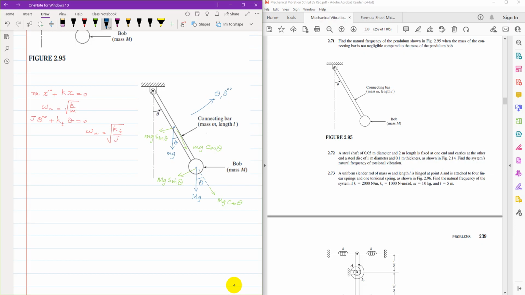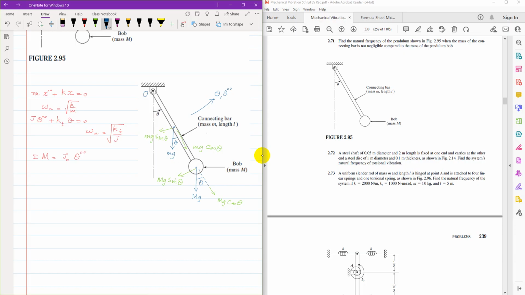Here I can apply the sum of moments. The sum of all moments is equal to J equivalent times theta double dot, about the point of rotation, let's say this point O. I can find the moments due to these components of weights.